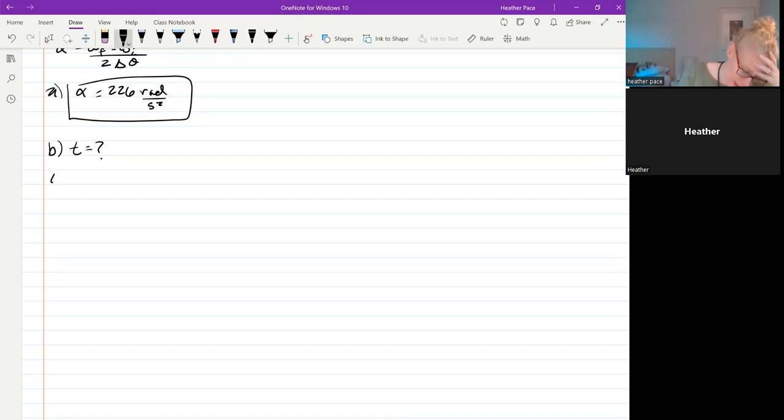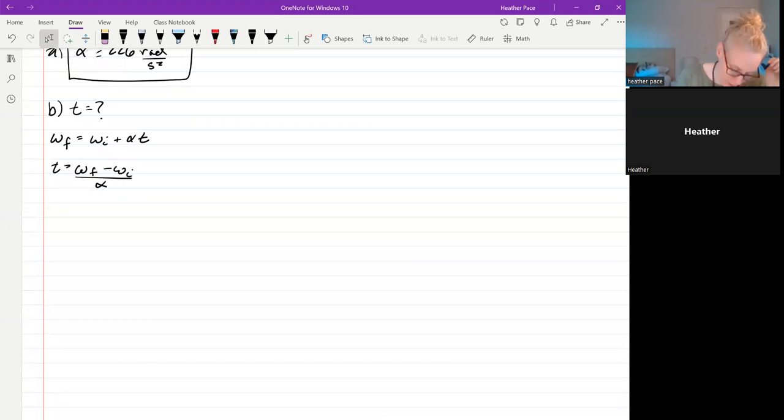This one I think is probably the simplest, which we used in the equation above. We're going to rearrange and solve for t, and we get omega F minus omega I all over alpha. Plug in our values, use our calculator, we get 1.67 seconds.